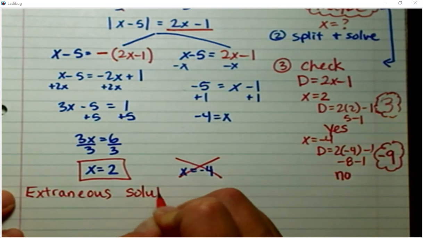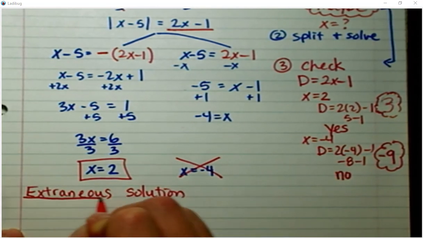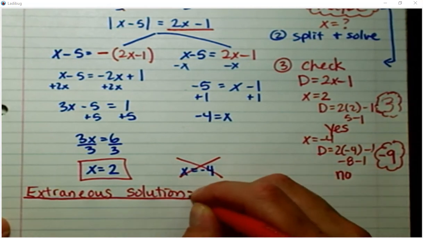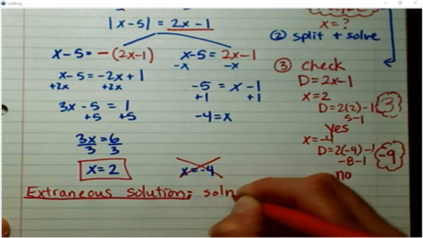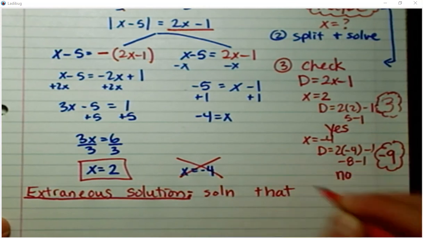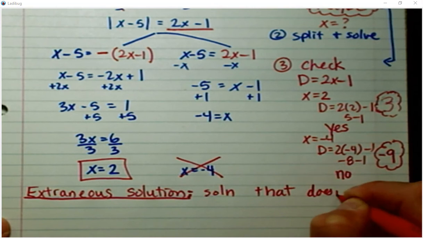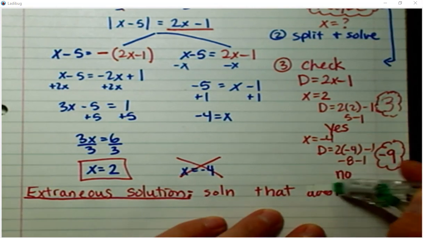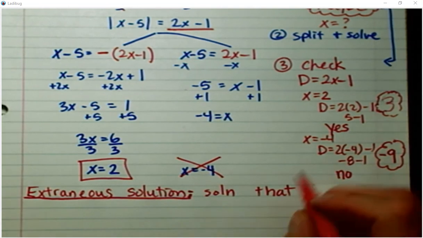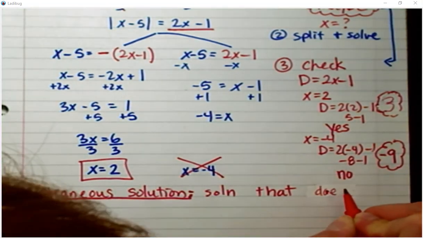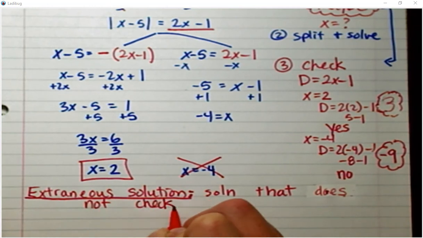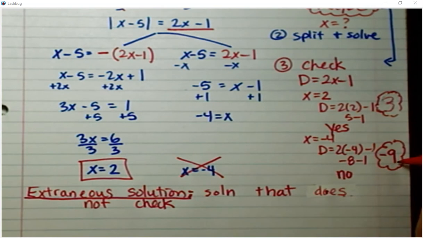An extraneous solution is a solution that does not check. I checked it and it didn't work.